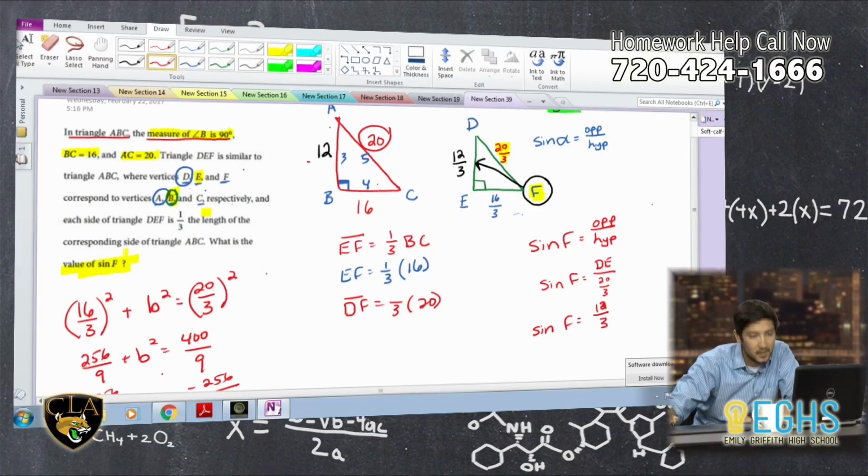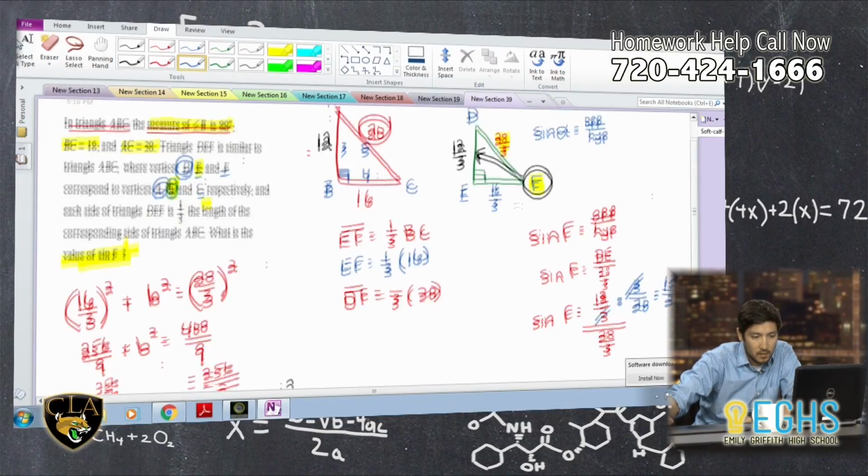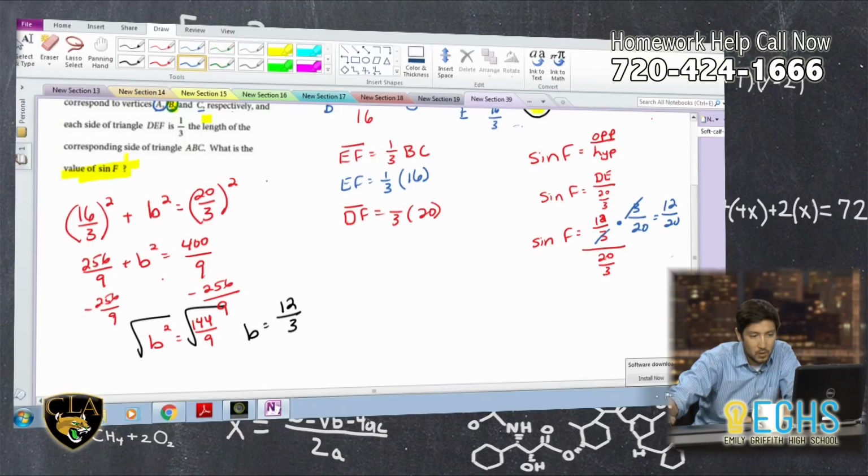Opposite, 12 over 3 divided by 20 over 3. And a couple ways to divide this, but the way you probably know is to multiply this by the reciprocal. These cancel out, and I get 12 over 20, which simplifies to 3 over 5.